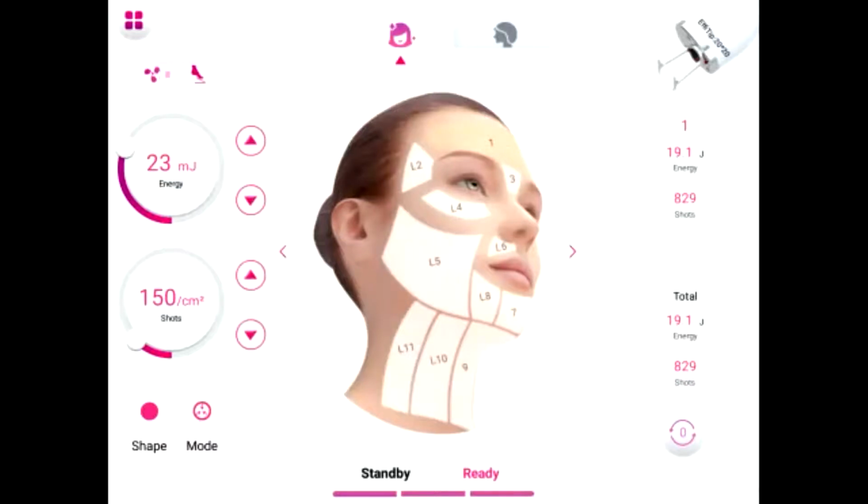Okay, now let's show you the relatives. We use the same energy with 23 ampere and 100 square centimeters density.